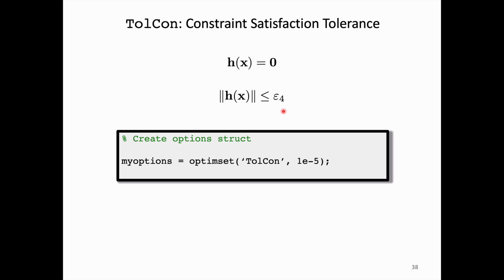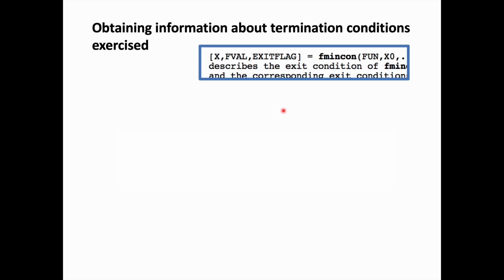So now we've talked about a lot of the things that you can adjust before we run fmincon or fminunc. But what about after we run the optimization solver? How can we tell how the solver terminated?